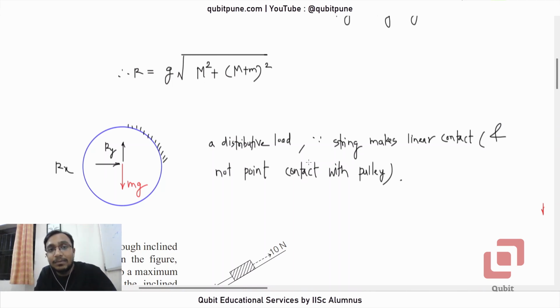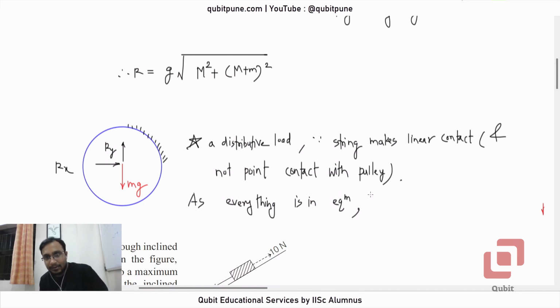If that string is in equilibrium, that string with the pulley should also be in equilibrium, and anyway we are going to ignore the mass. So even if we consider this distributed load, we can say it gets transferred to the pulley, as everything is in equilibrium.